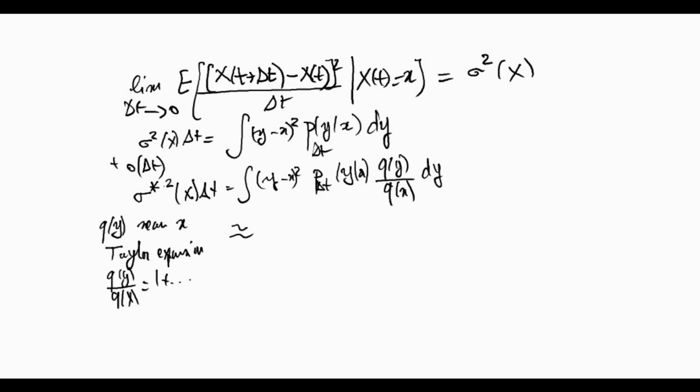And thus, this will give precisely the diffusion tensor sigma square of x delta t plus terms that are negligible. And so what we have found here is that sigma star square of x is equal to sigma square of x. So the tensor is not changed. The tensor is the same for both the conditional and the non-conditional process.